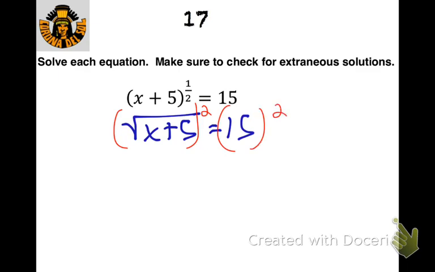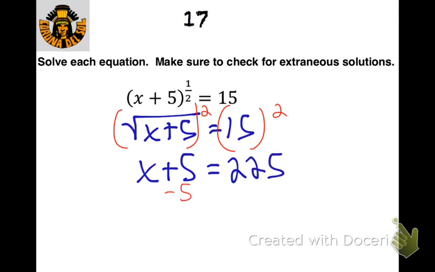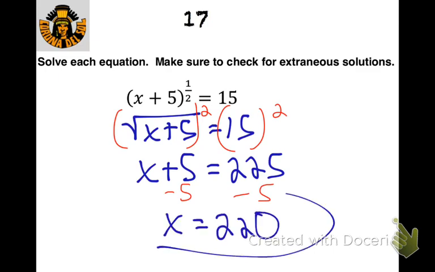And then it gets rid of the radical because they undo each other. And so then that leaves you with x plus 5 on the left. And then on the right, that's 225. Then we're going to subtract 5. And we get x equals 220.